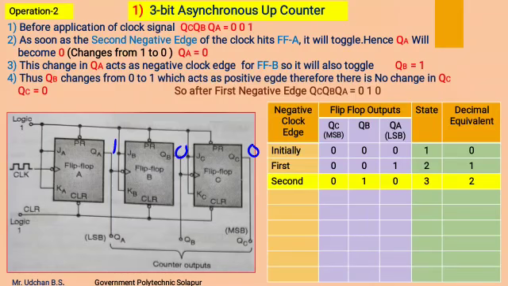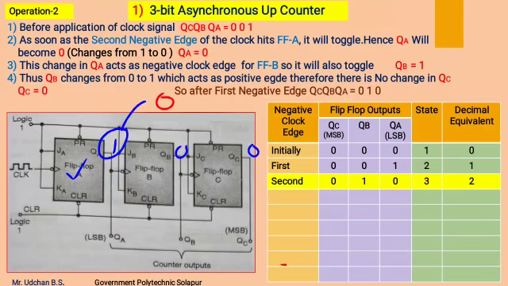Now as soon as the second negative edge of the clock hits this flip-flop A, the output of flip-flop A gets toggled, which means this 1 will become a 0.